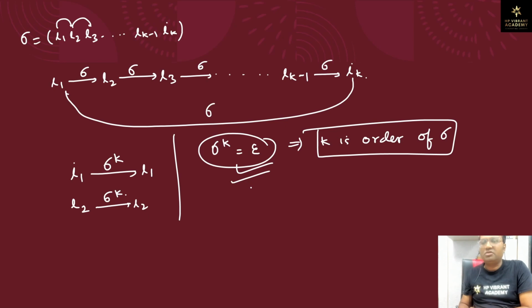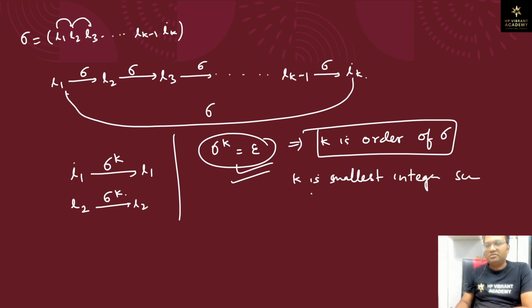This means k is the order of sigma. And as per the definition of order, if k is the smallest integer such that sigma to the power k is equal to identity, then k is the order of sigma.